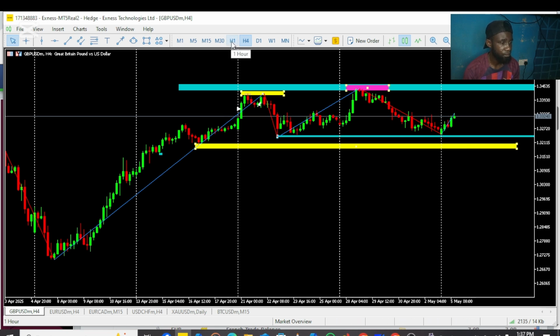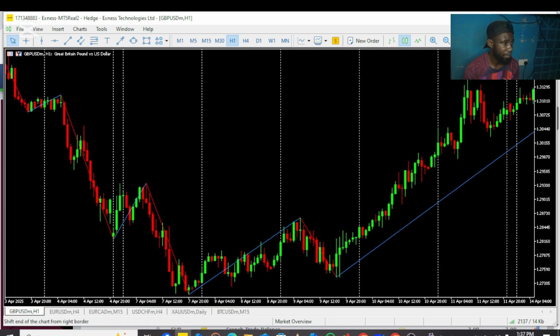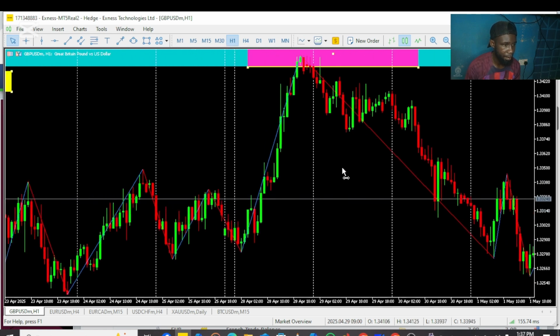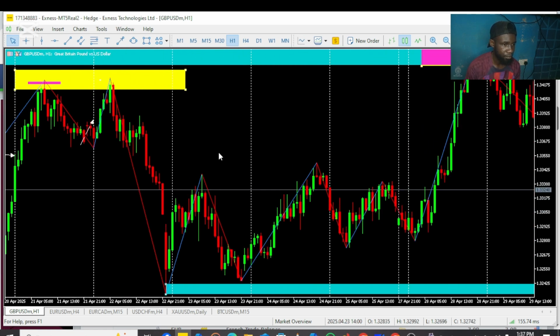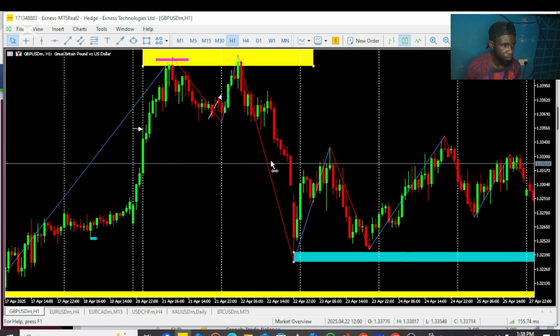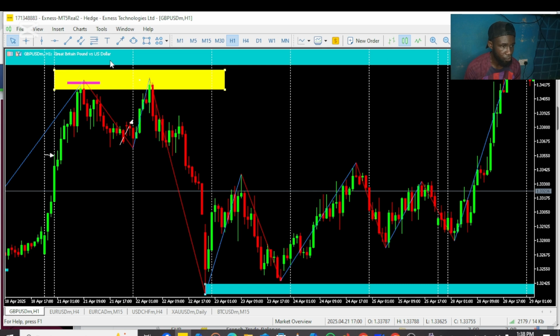Then we move to the 1-hour time frame. From the look of the zone, this is where the market reached and came back and moved to that same resistance area and pulled back and touched this support.